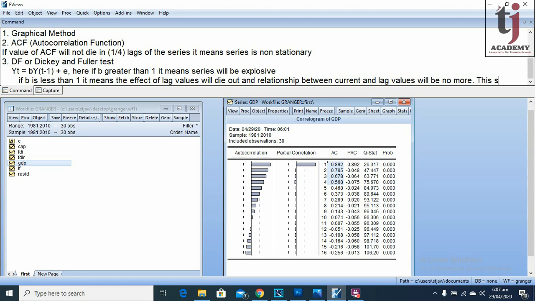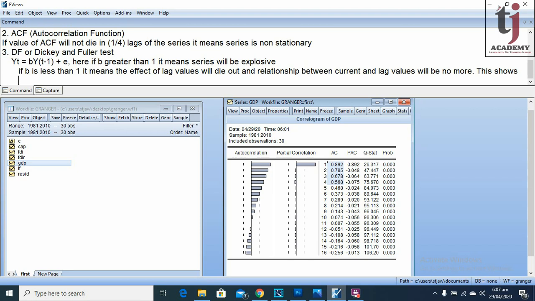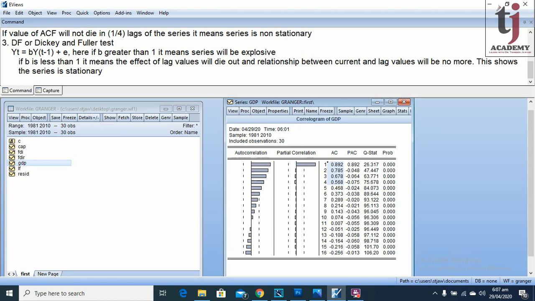This shows the series is stationary, and if beta is equal to 1, it means every lag value reflects in the current value, and the effect will be consistent.